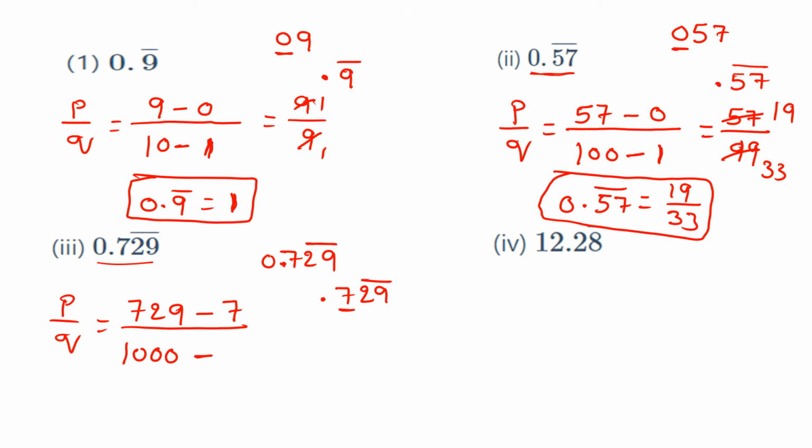One decimal place only which is not repeating, right? So you should take 10 here. That's why you should subtract 10 from this 1000. Now here, 729 minus 7 means 722 by 1000 minus 10, that is 990.